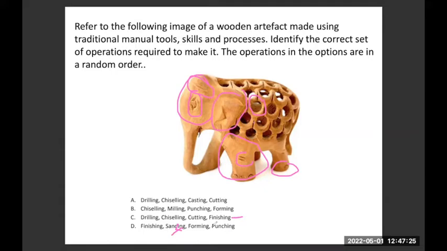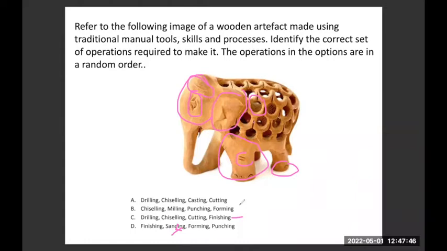And that's where I will arrive at option C and not option D. Punching is not a part of this process here. So the first two, A or B, get negated because casting is not involved here, and milling, punching and forming are a part of metal.